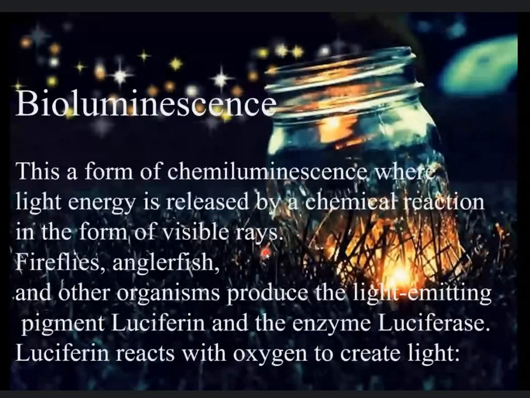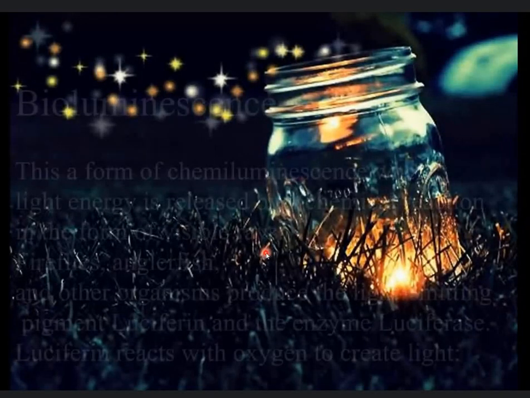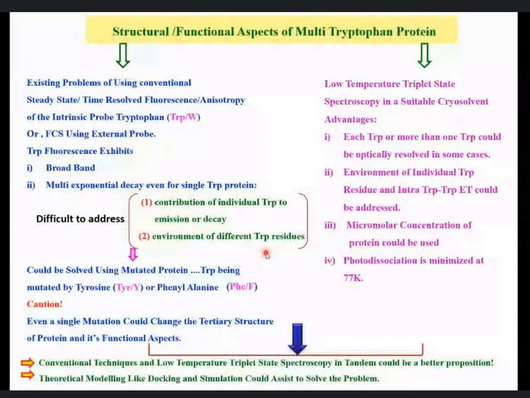Now after this I come to something that our laboratory is doing, a little bit, not in detail. Since I am talking about proteins, as I mentioned, they contain tryptophan, but there are many proteins which contain more than one tryptophan, and then it is difficult to know the structure and functional aspects of such multi-tryptophan proteins.